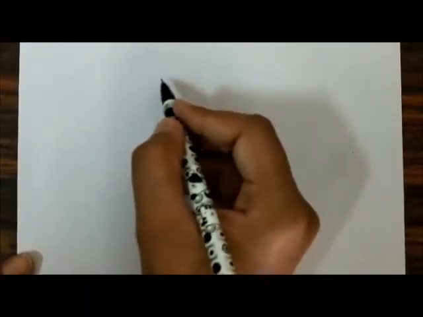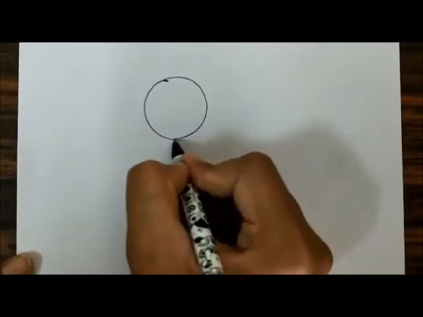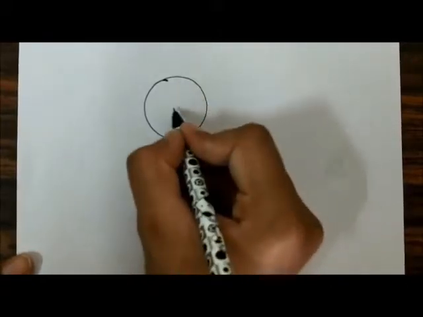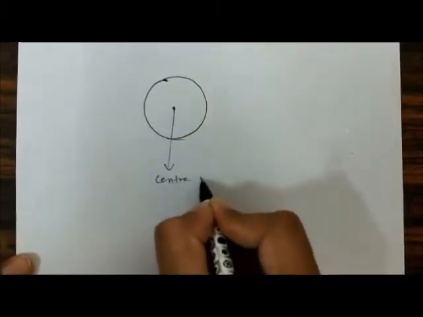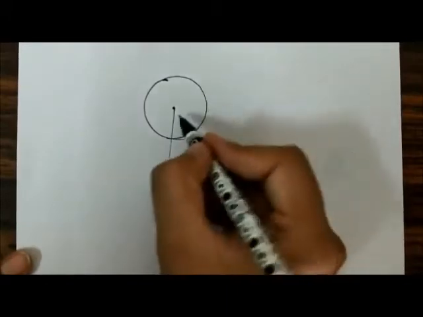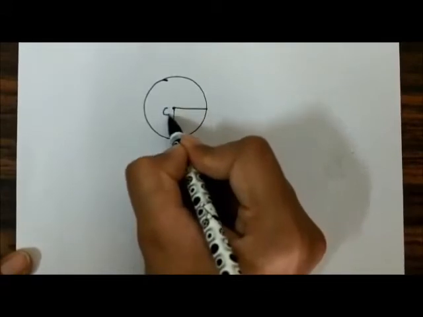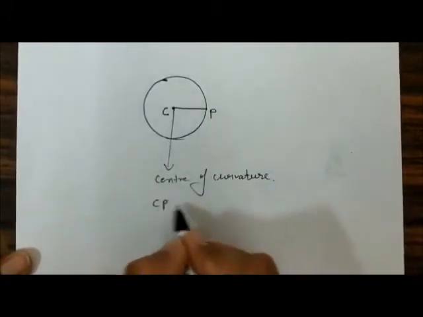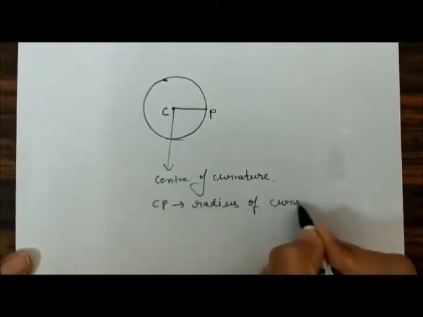Parameters of mirror. Suppose that this is a spherical mirror. As it forms a part of a sphere, it has some center, and this center is known as center of curvature. Here is the radius of this sphere. Suppose this is C and this is P. This CP is known as radius of curvature.